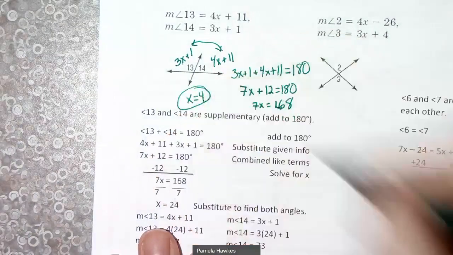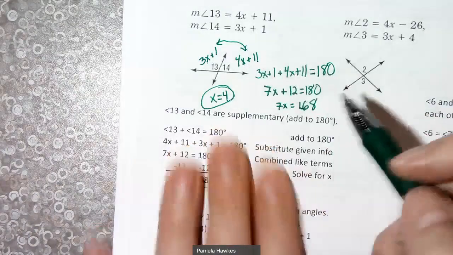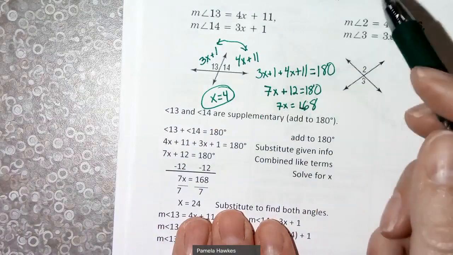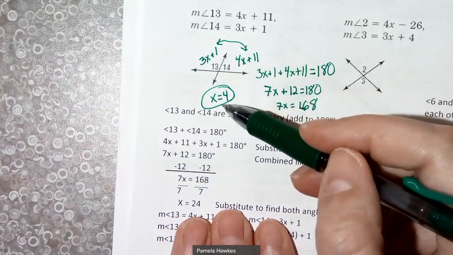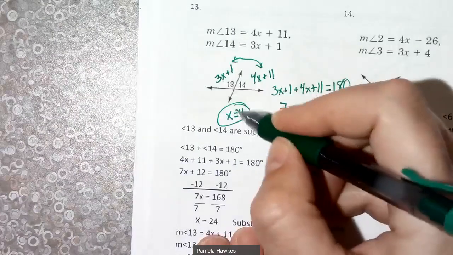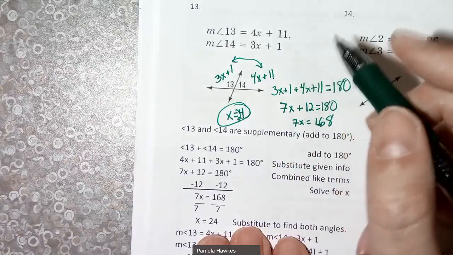Now, if that's all it asks for is x, I'm done. But what if it asks for how big is angle 14? What am I going to do if it asks for how big is angle 14? Well, x is 4. 24, sorry. 4 was a better number. It's easier, right? I'm just kidding.